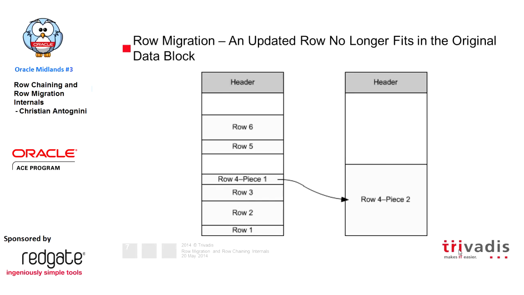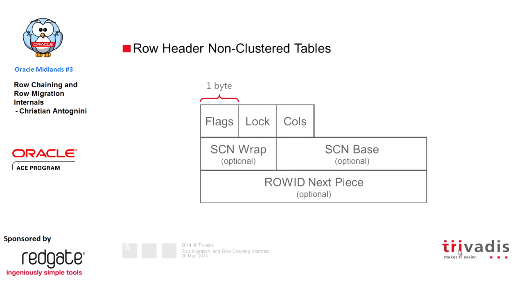Or better, in the case of row migration, you have all the data stored here, and in row piece number 1, what you get is only this information here. So you only have the header. It tells you I'm migrated, okay, if I'm locked or not depends.